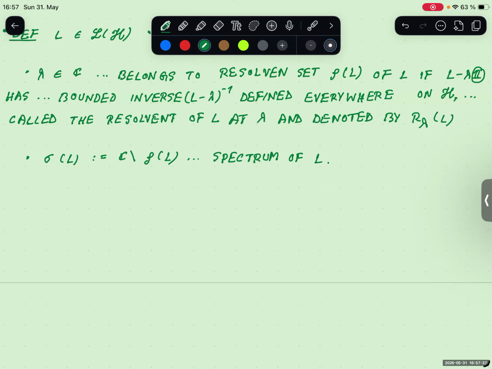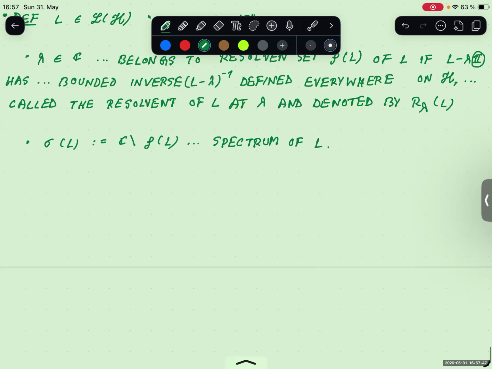Okay. Now, the spectrum can be divided in a finer classification, or I mean, finer way. So the first thing we are going to define is this sigma p, p for point spectrum.